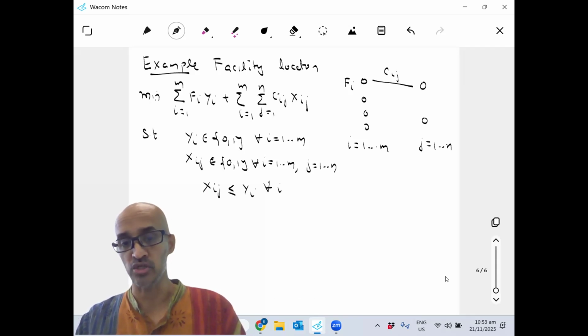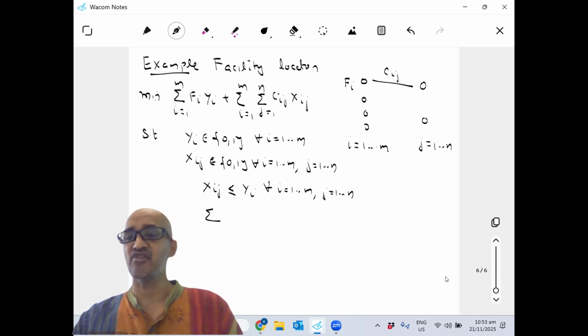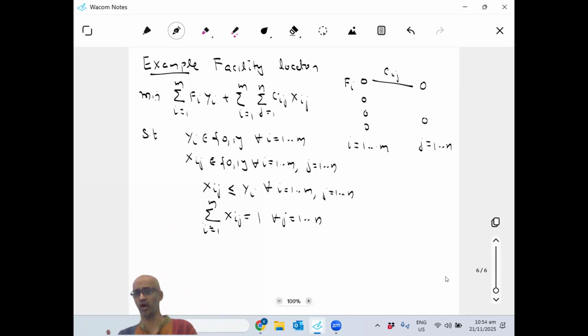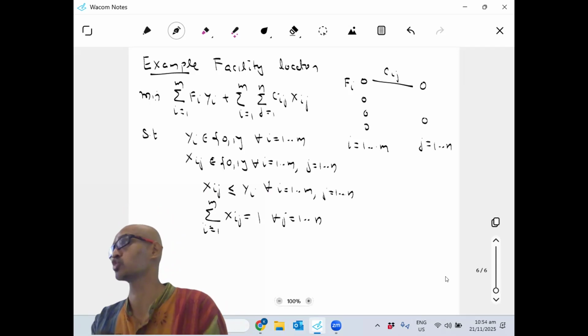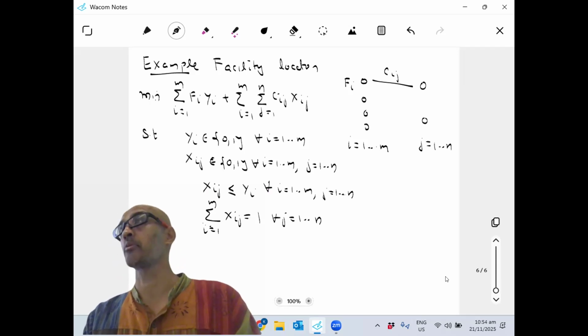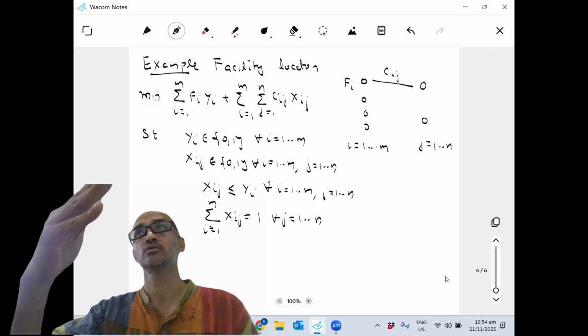Otherwise, it's not a valid formulation for the problem. And then we had a constraint that said that every client has to be allotted to one facility. So the summation over i from 1 up to m of x_ij is 1, for j equal to 1 up to n. I showed you this formulation on Wednesday. Is it clear what all the constraints are saying here?